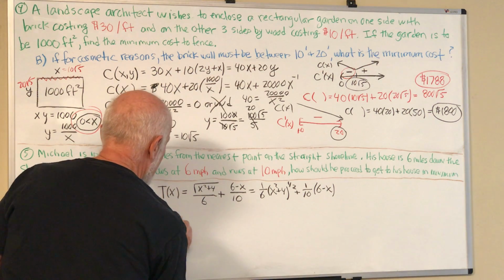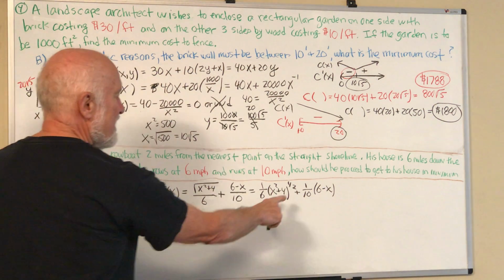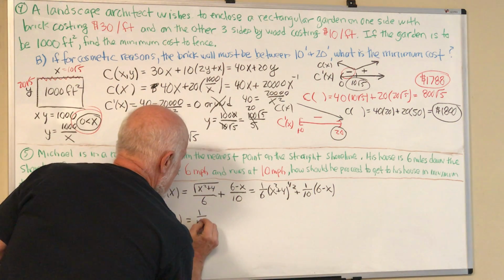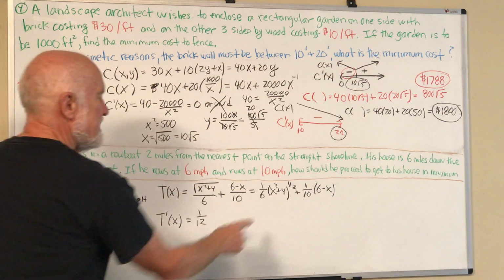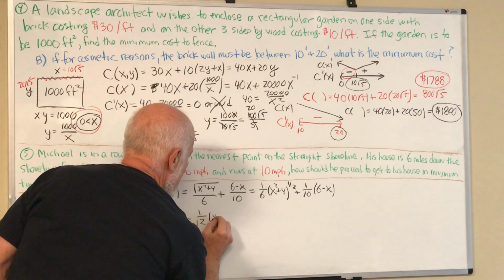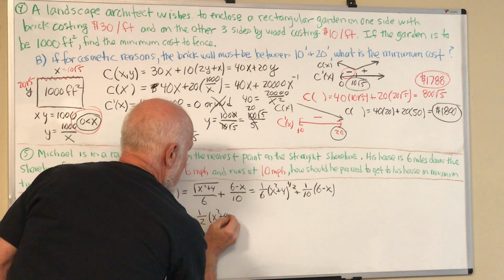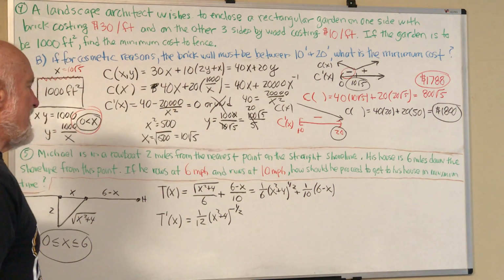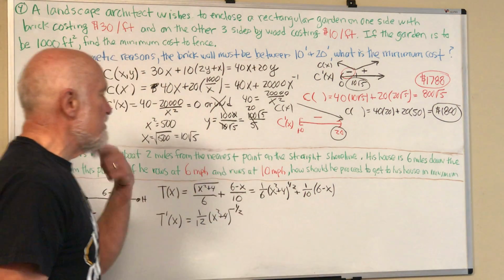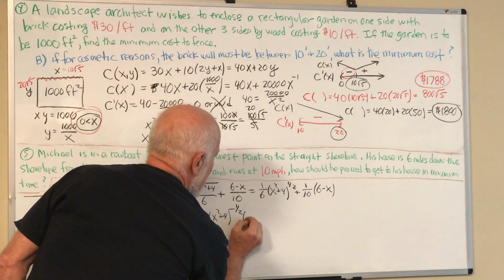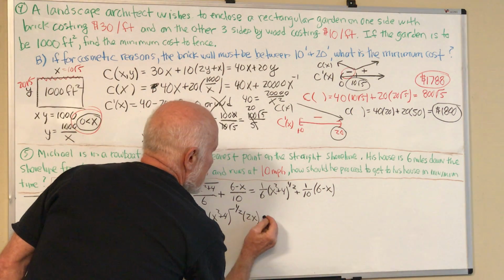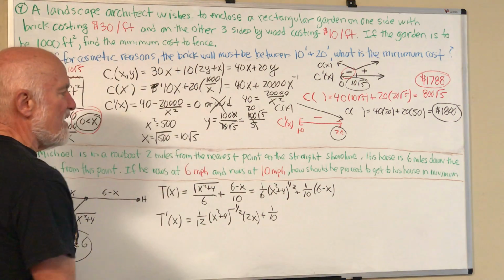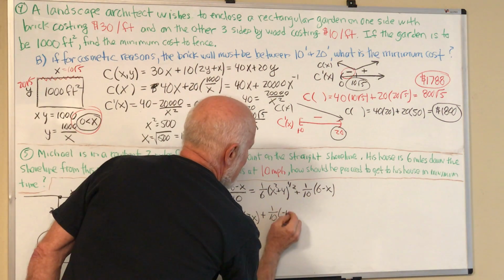So now when I take the derivative, what do I get? 1/2 times 1/6 is 1/12 times (x squared plus 4) to the negative 1/2, and then times the derivative of this, we've got to do the chain rule, is 2x. And the derivative of 6 minus x is just negative 1.